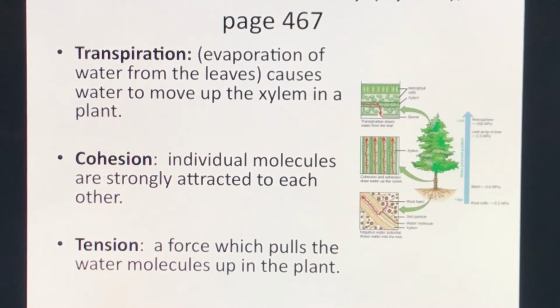But for the time being, we look at these concepts of cohesion and tension in the water. So the cohesion shows that the water molecules, these individual molecules, are strongly attracted to each other. And so they form tension, right, through this cohesion, which is eventually a force that pulls up the water molecules in the plant.